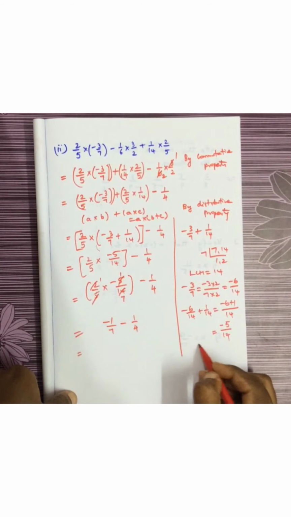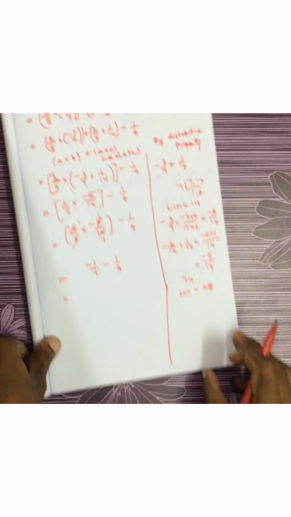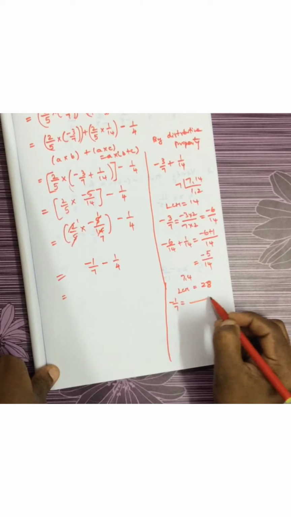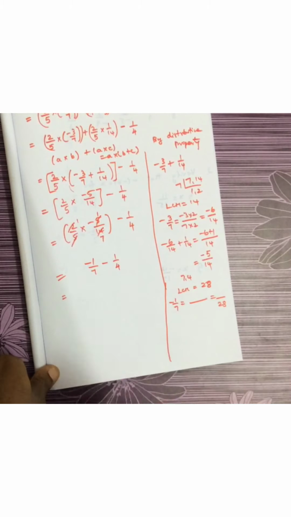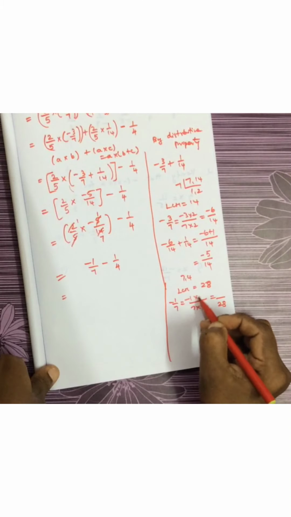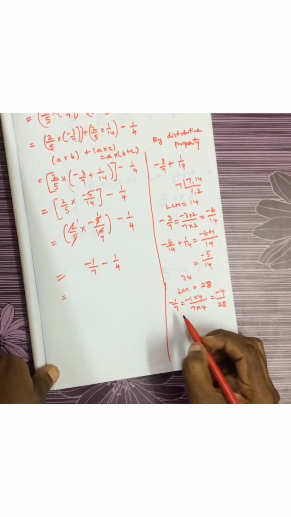Again, LCM of 7 and 4 is 28. So minus 1 by 7, 28, 7 4s are 28, so multiplied by minus 1 into 4 equals minus 4 by 28.